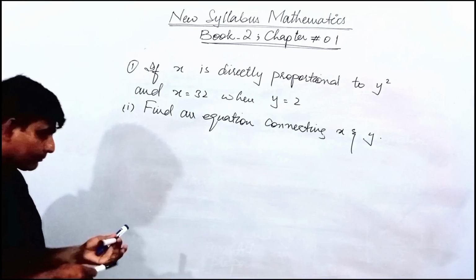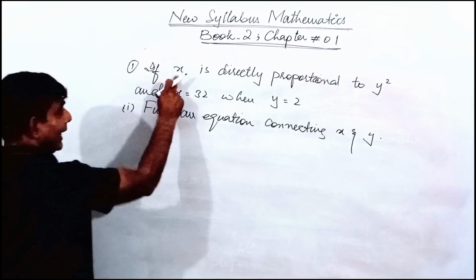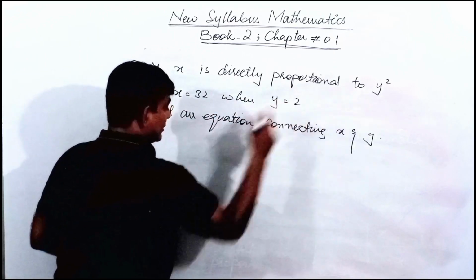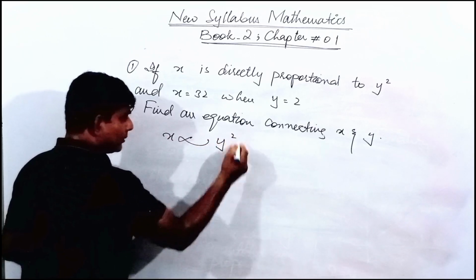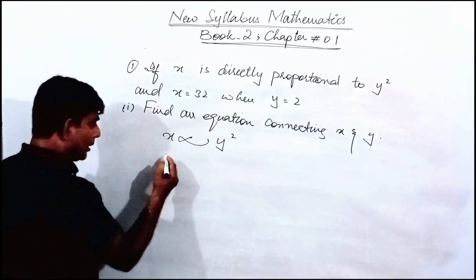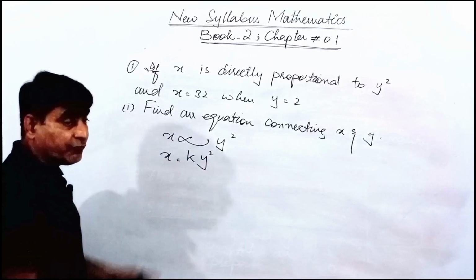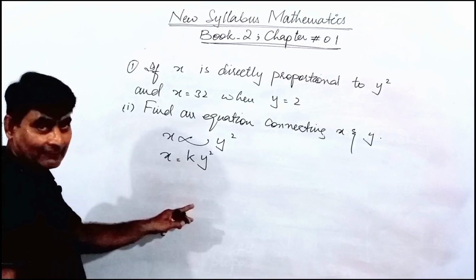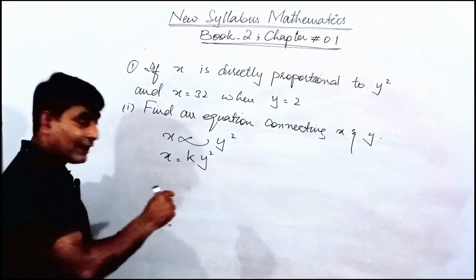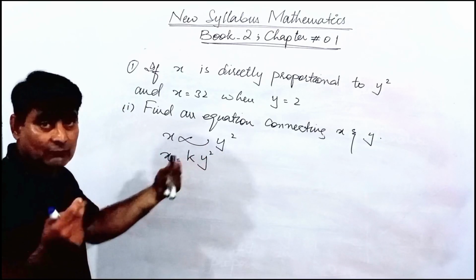Now read what information we are given. x is directly proportional to y square. The very next step: x is equal to k times y square. To find the value of k, this is the final answer, but after putting the value of k, this will be the relation. To find the value of k, some information is given.